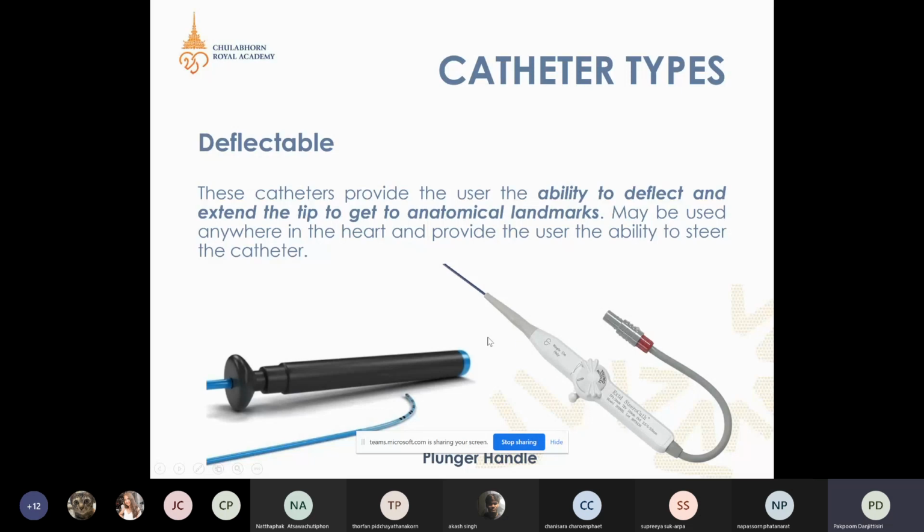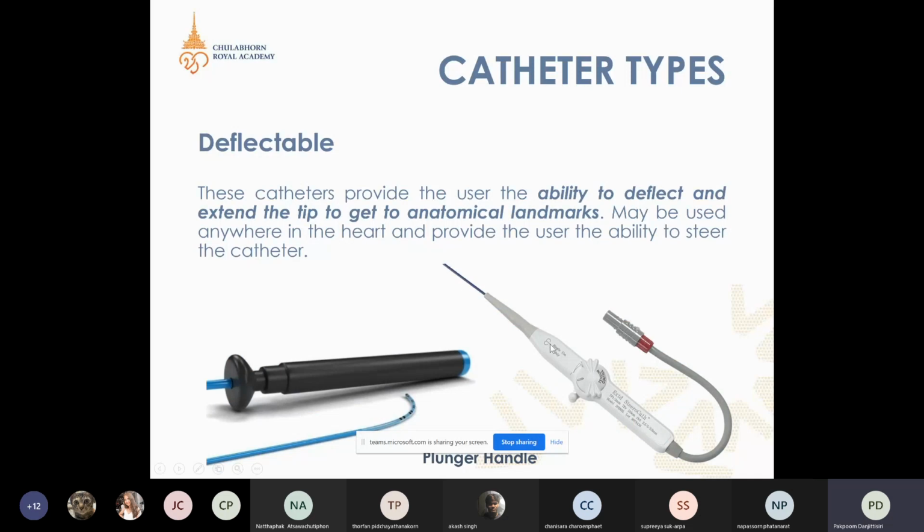This is not similar to the white handle one here, which is used to deflect the tip of the catheter in a bidirectional way.